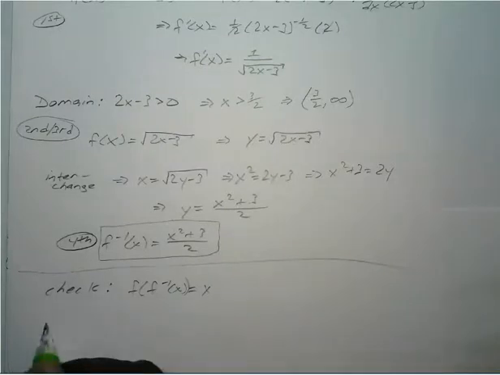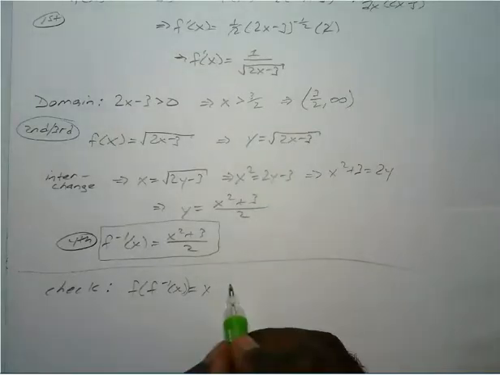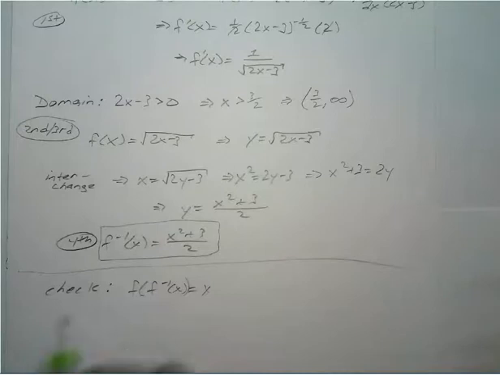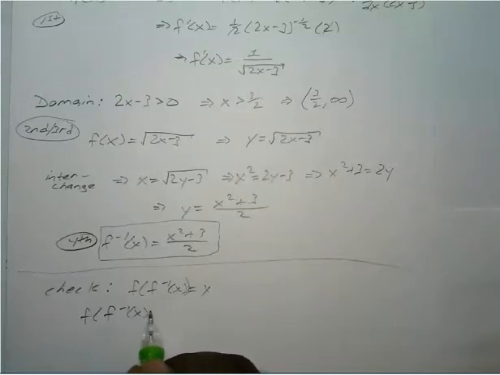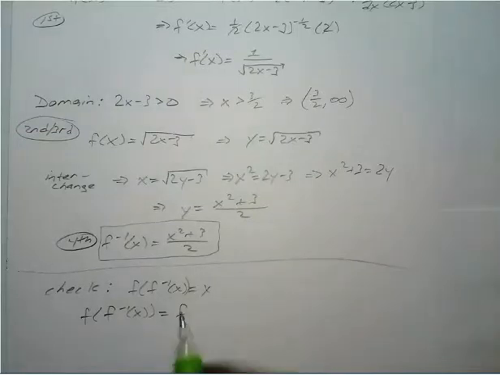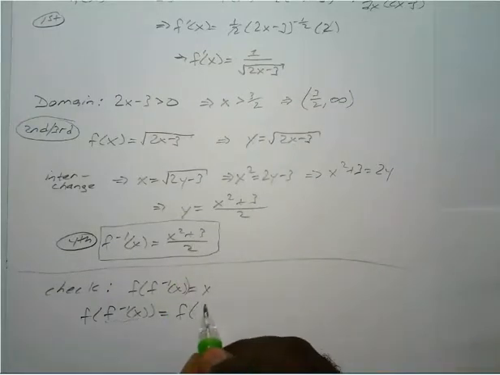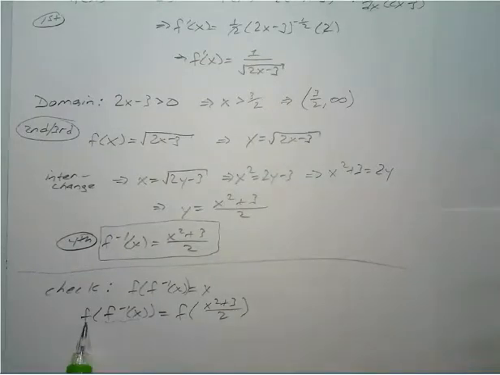So let's say f of f inverse of x also equals x. So that's equal to f of, what's your f inverse? (x squared plus 3) over 2. So f of (x squared plus 3) over 2. So that's your function of your inverse.